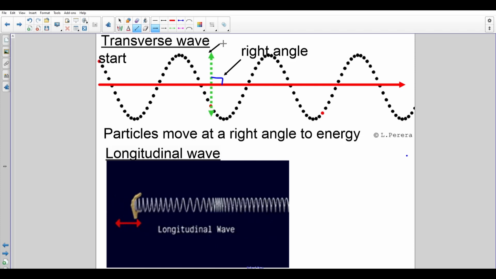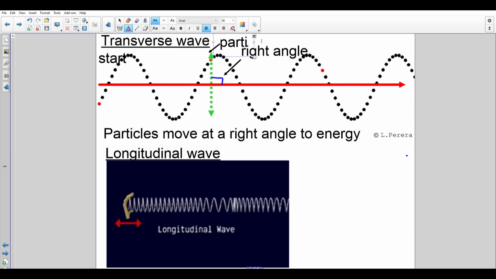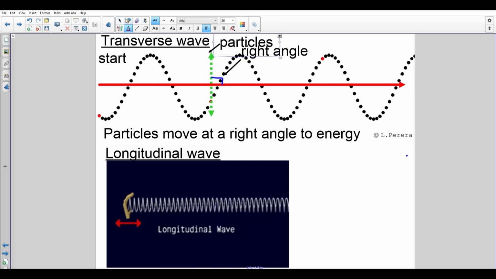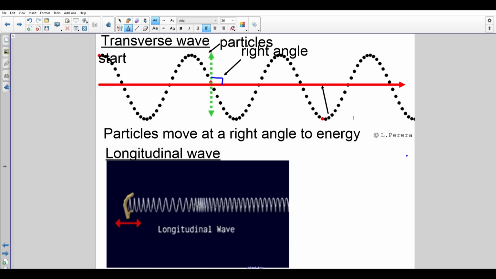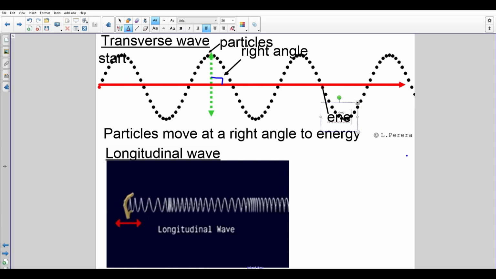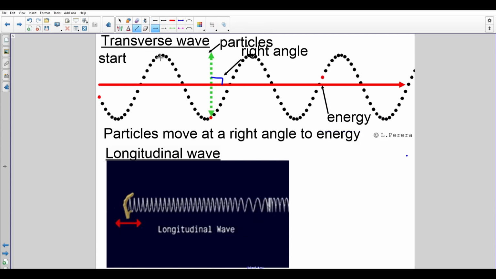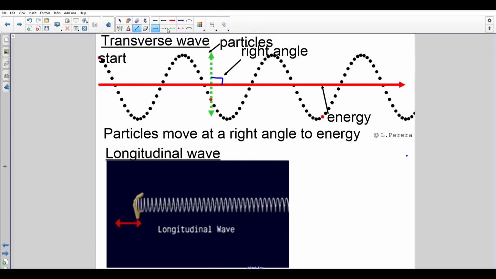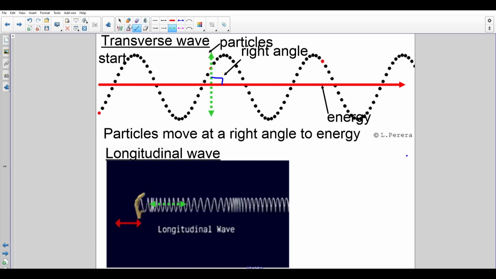So this is your particle movement, and the red line on there, that is your energy. So for the longitudinal wave, the particles are moving like this, forwards and backwards.